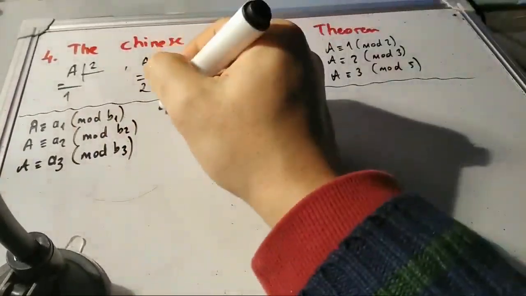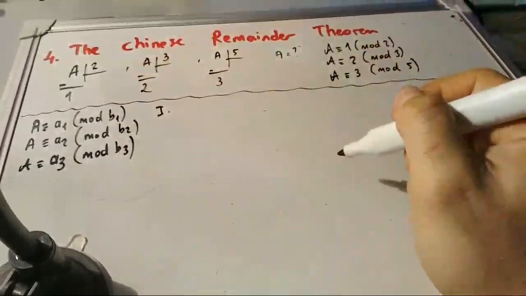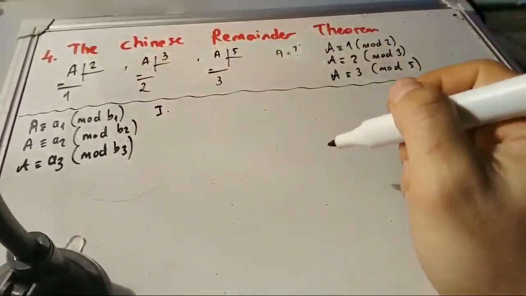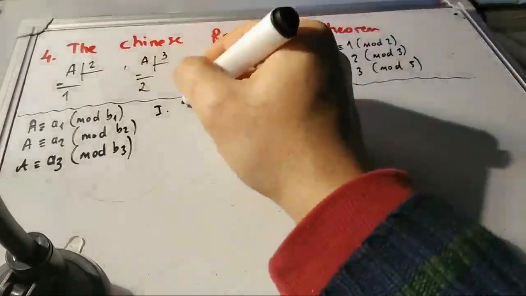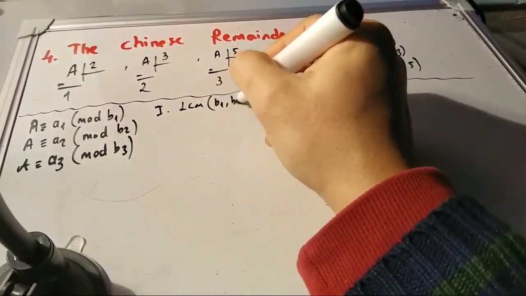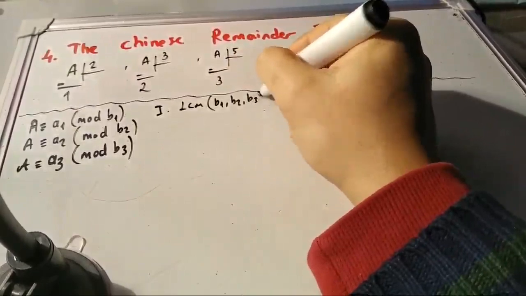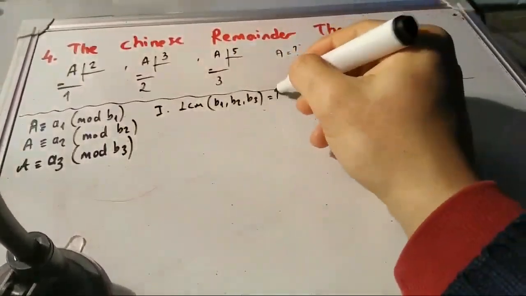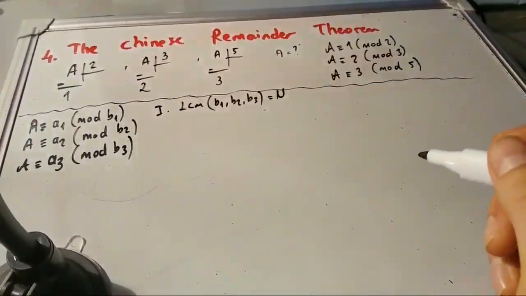After that, first we have to find the least common multiple of b1, b2, and b3. Let's say the least common multiple of b1, b2, and b3 is n.